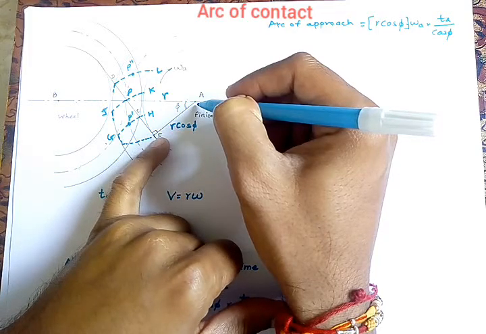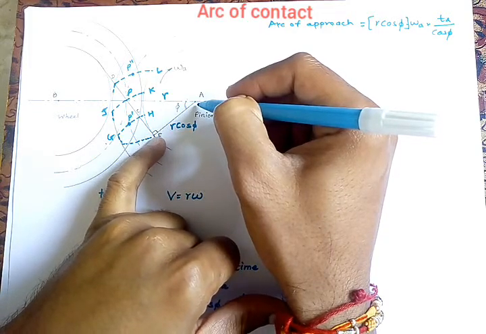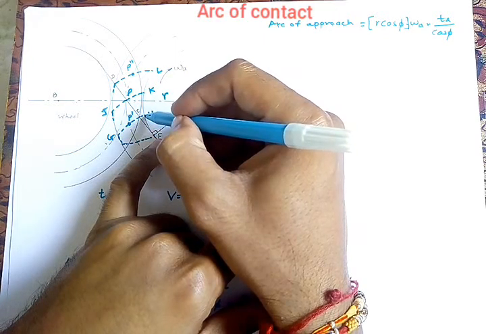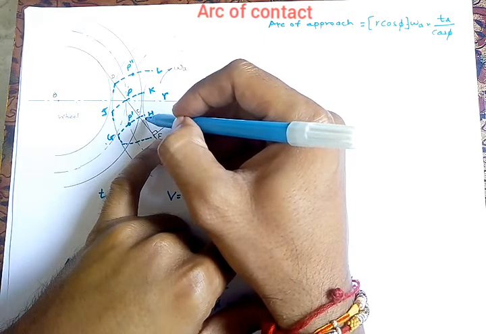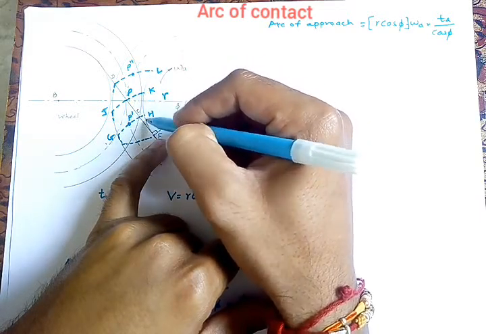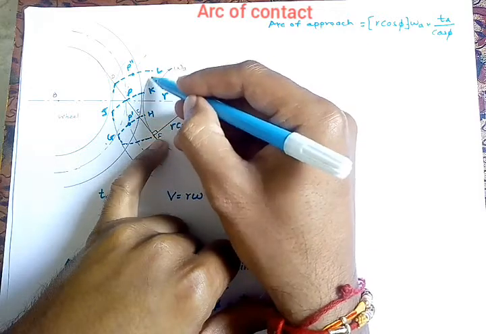So which tangential velocity are we going to get? We are going to get the tangential velocity of point F or of point H. So we are going to get the tangential velocity on the dedendum or base circle.